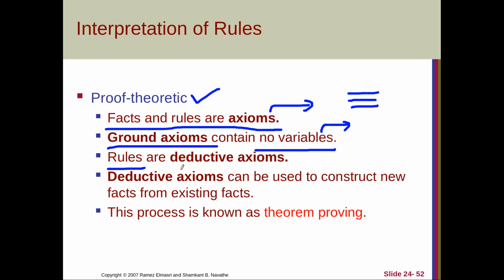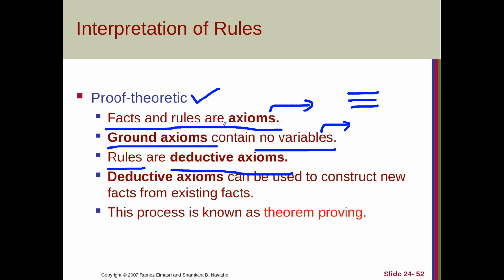Now, rules are actually deductive axioms. When we form rules, we add some variables that can be deduced. We replace those variables with some other value which is already available in our facts.